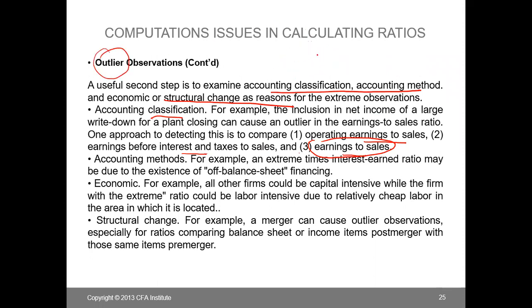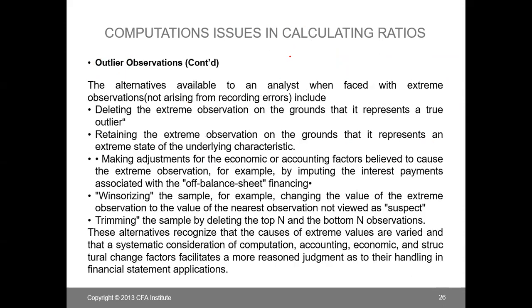So there are some solutions, obviously. We'll talk about the solutions now. When you are faced with extreme observations, the easiest solution is deleting the extreme observation because it is a true outlier.